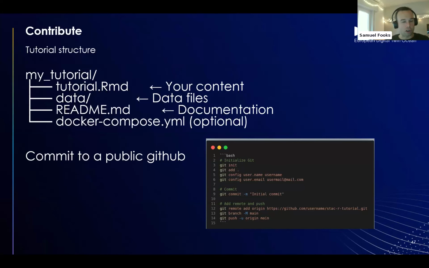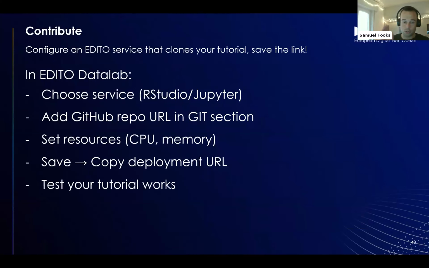Anyway. So commit that to a public GitHub, and then you will have to go into the data lab. And what Lorenz and I think Matisse showed in theirs as well in the explore parts.